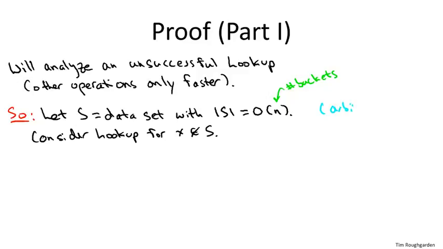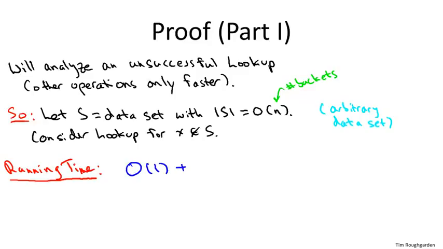So conceptually, doing a lookup in a hash table with chaining is a very simple thing. You just hash to the appropriate bucket, and then you scan through the linked list in that bucket. So conceptually, it's very easy to write down what the running time of this unsuccessful lookup is. It's got two parts. The first thing you do is you evaluate the hash function to figure out the right bucket.